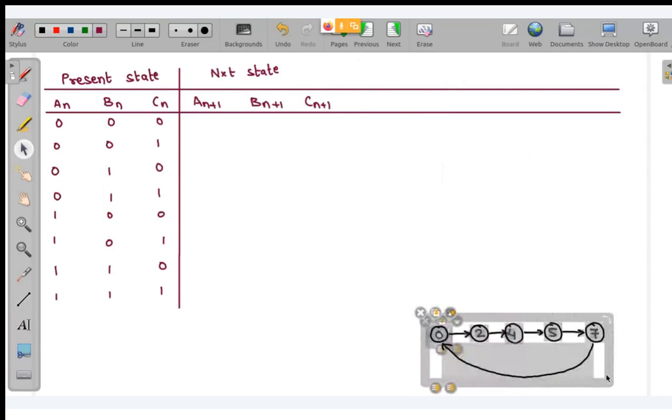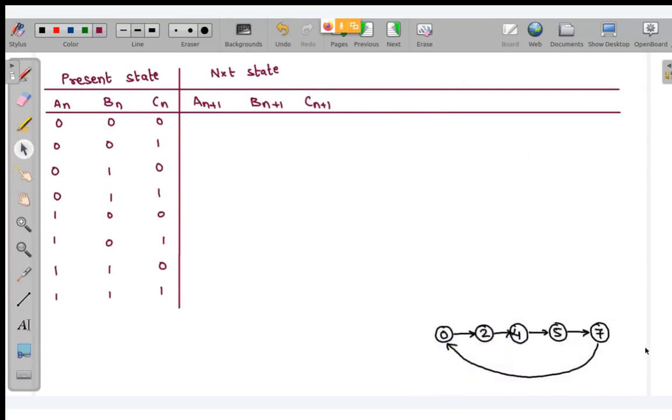Look, we have been given the state table. When it is 0, 0, 0, your next state is what? It is 2. So 2 corresponds to 0, 1, 0.